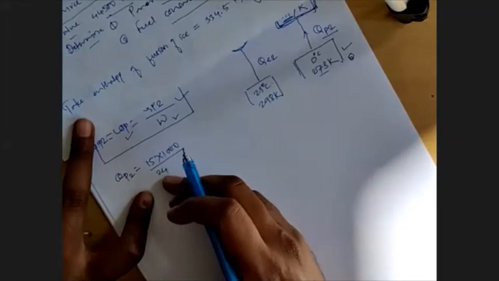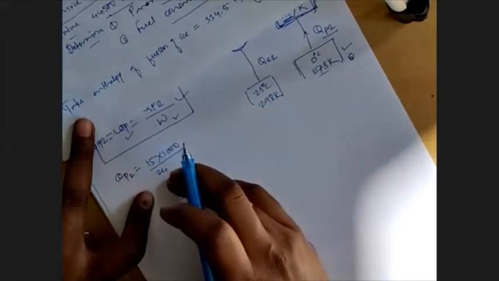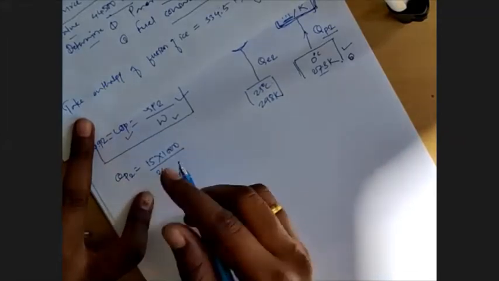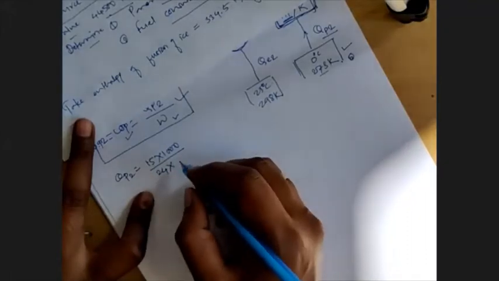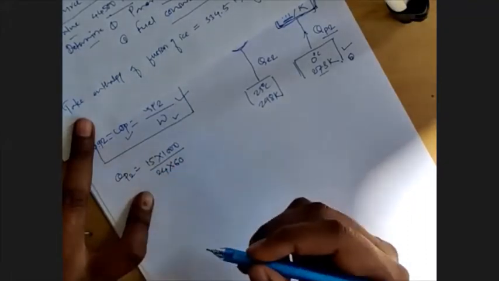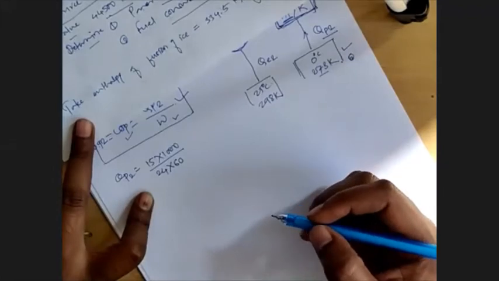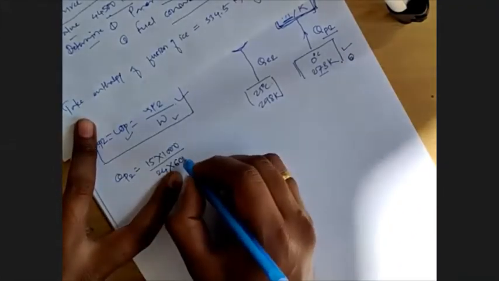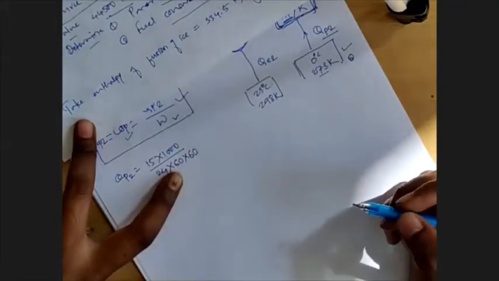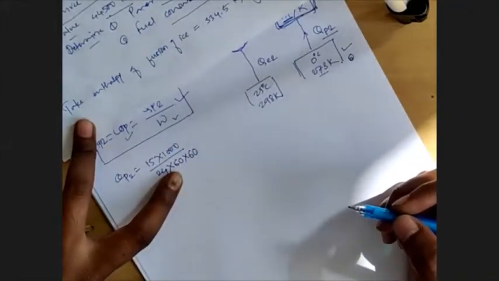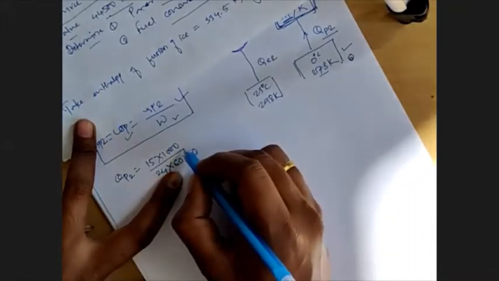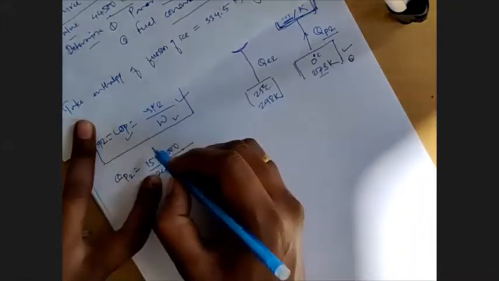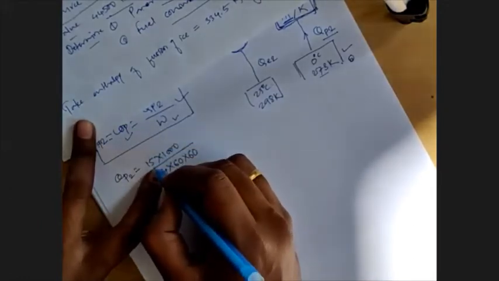So now it has become per hour, right? I need to convert it into minutes. So if I further divide it by 60, that becomes per minute. I will further divide it by 60, so that will become per second. Sorry, that is for 15,000 kg.